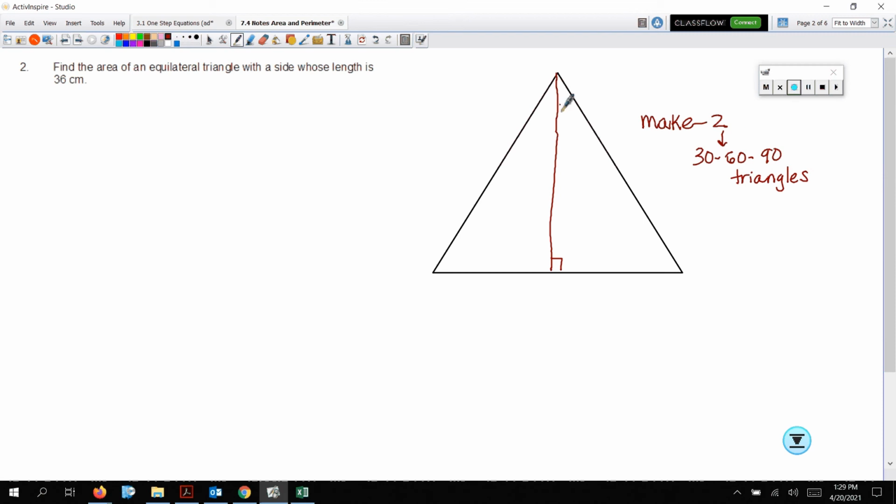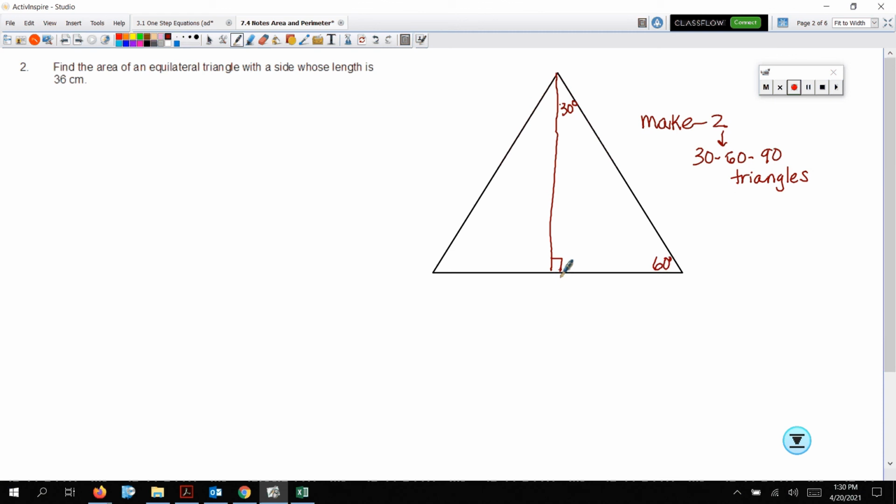So up here is the 30 degrees. Because remember, equilateral triangles had angles of 60, 60, and 60. But now when I split 60, half of 60 is 30. So this down here is my 60, and the box is my 90, okay?